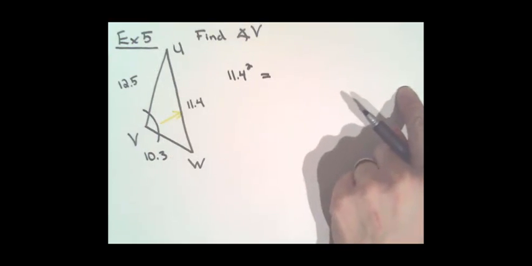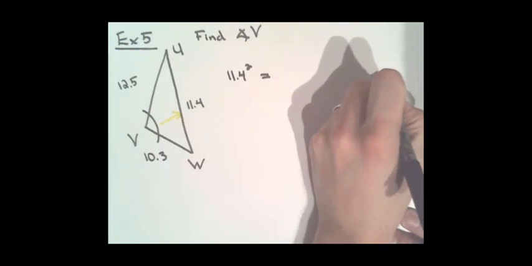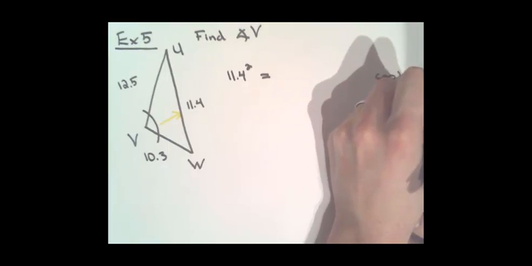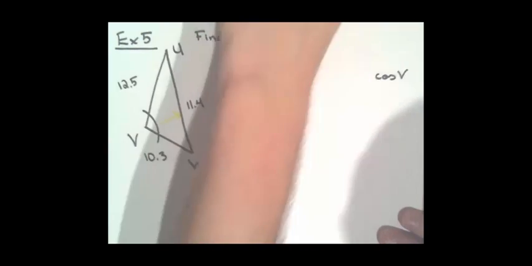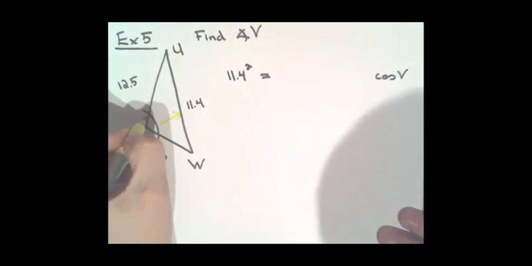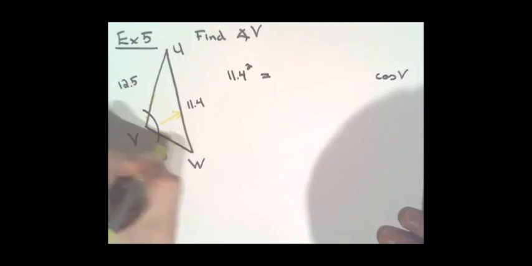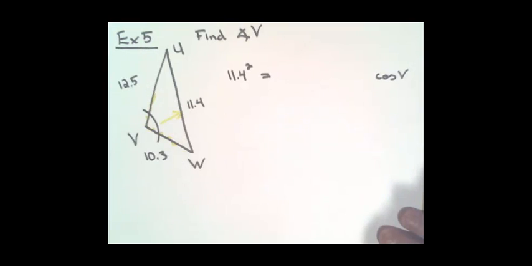At the very end of the formula, who are you taking the cosine of? His corresponding angle. So the cosine of angle V. Then the other two sides must be known. We've been calling them the sides that sandwich angle V in this case.